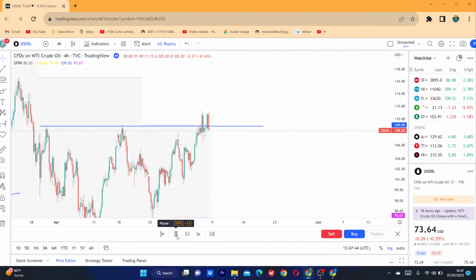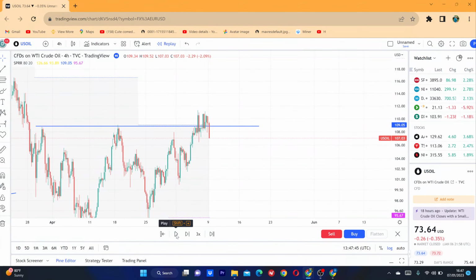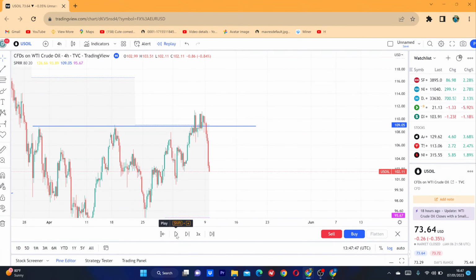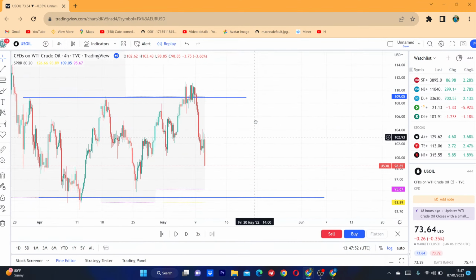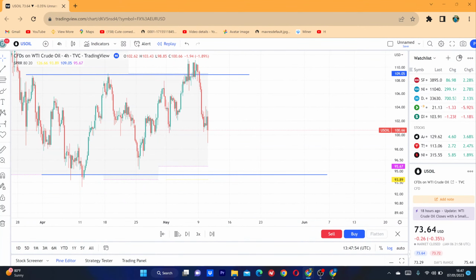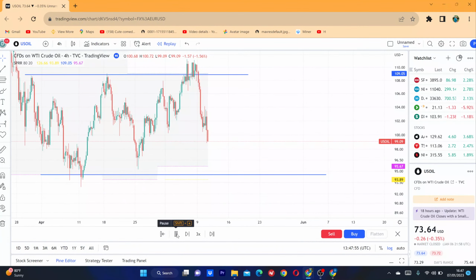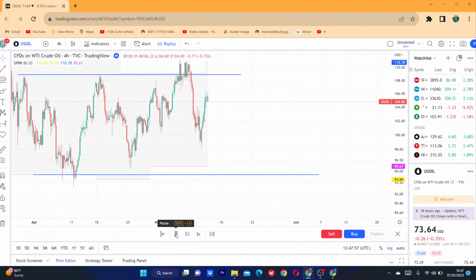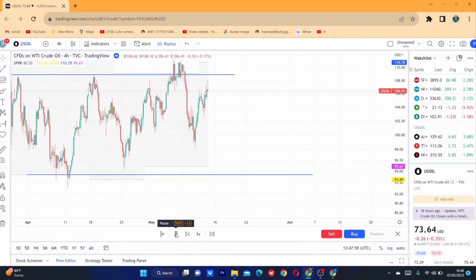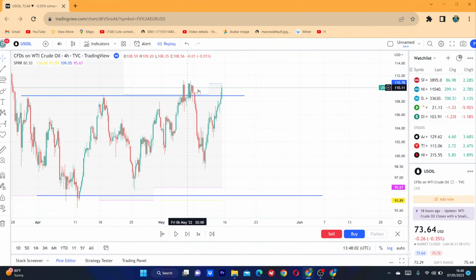Let's see whether it's going to go down. Let's see this way. You can see the moment it reached this region over here, it has already gone down.